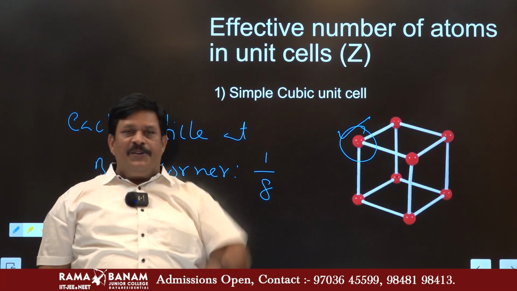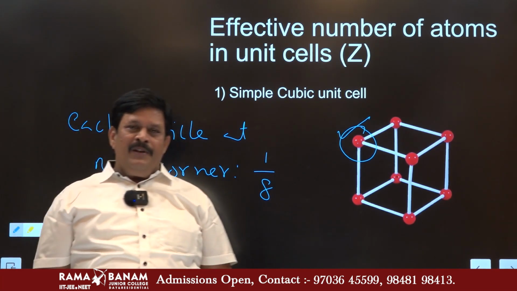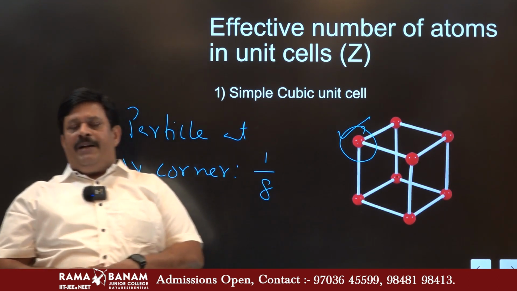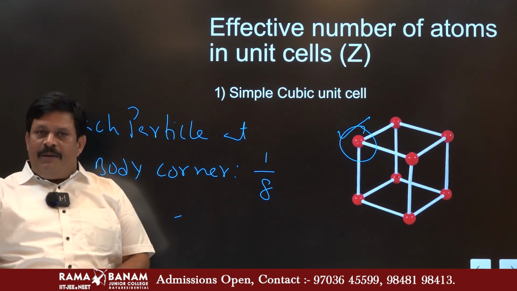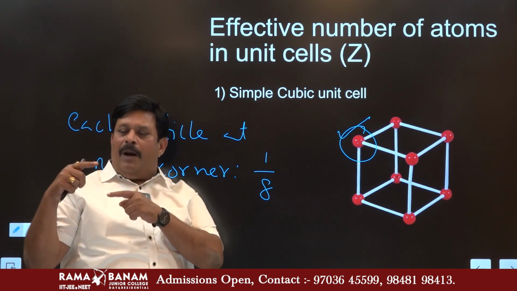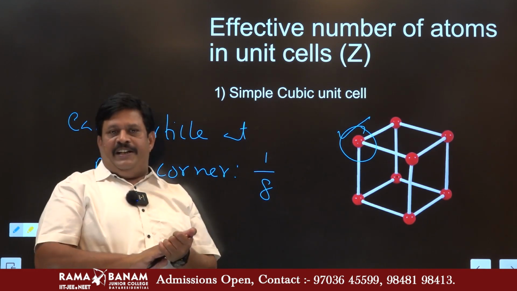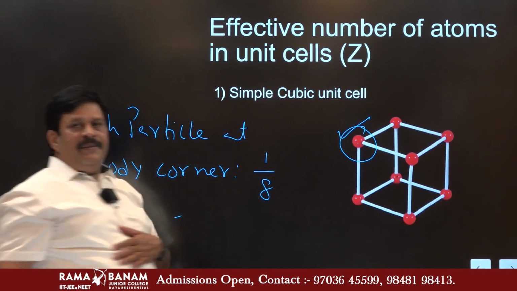That is what we discussed in the second slide, the contribution of the particles. So, for one unit cell, the effective number of one body corner atom is 1 by 8. What it means? The contribution of one body corner particle is 1 by 8 for each unit cell. Totally, how many body corner particles are there?